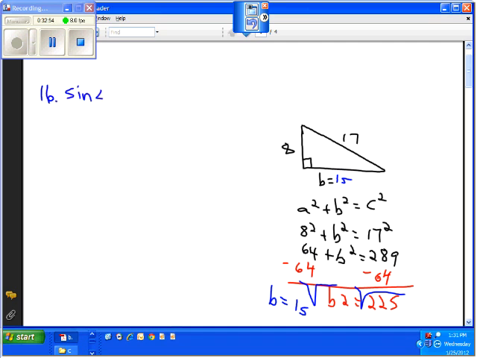So number 16, the sine of angle R. And angle R was up here. I moved it, so you got to be careful, right? The sine of angle R is equal to the length of the leg opposite angle R, which is 15, over the length of the hypotenuse 17.